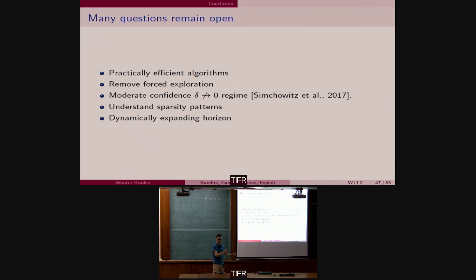I showed you some experiments that say it's at least not doing crazy stuff. But it would really be nice to get bounds that really give you the right answer for moderate confidence. But for that, we don't even have a credible candidate lower bound. We have several lower bounds, but they don't even agree on what the main term is. And, yeah, it's a mess.